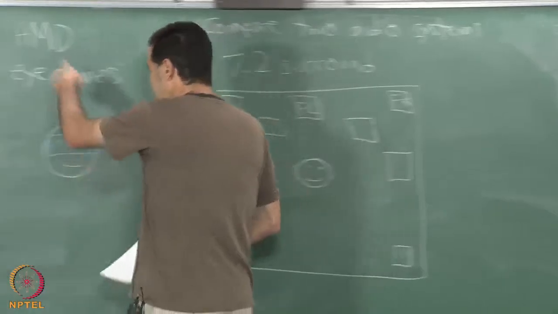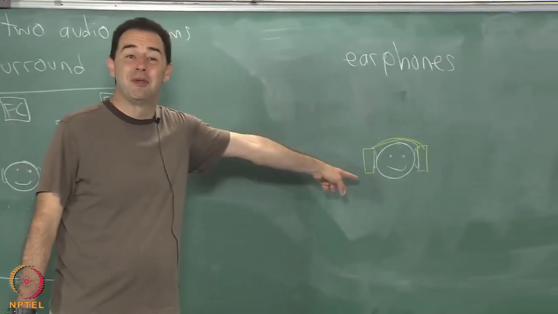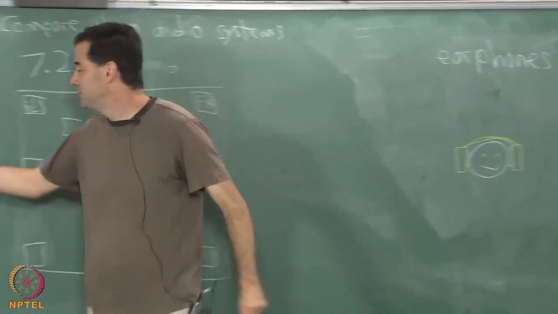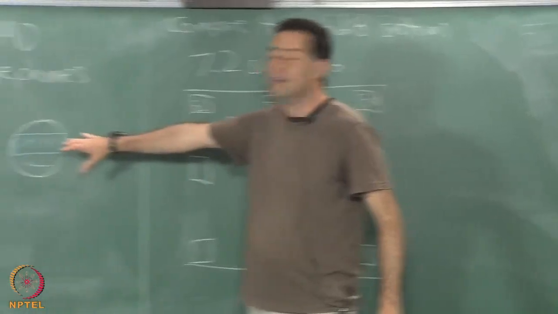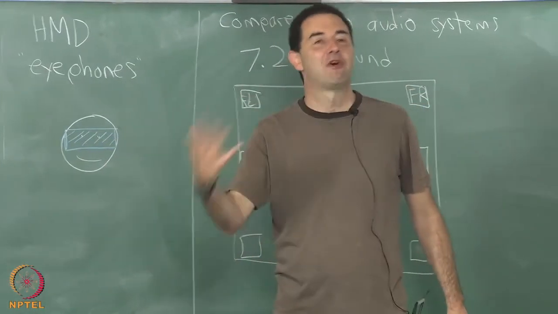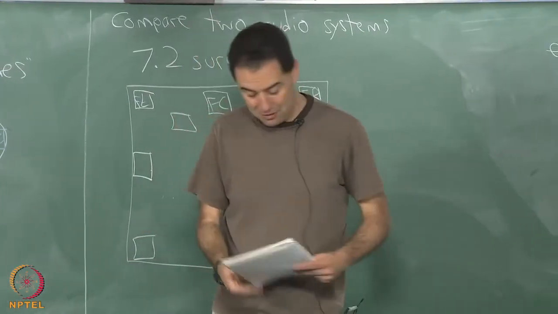So that's how it looks in the head mounted display case, but we've become accustomed to that. You can't hear what's going on around you. Here you cannot see what's going on around you if you're wearing a virtual reality headset that's not designed for augmented reality. If it were designed for augmented reality, then it might look just like a pair of glasses, right? And then it has extra information appearing on it.